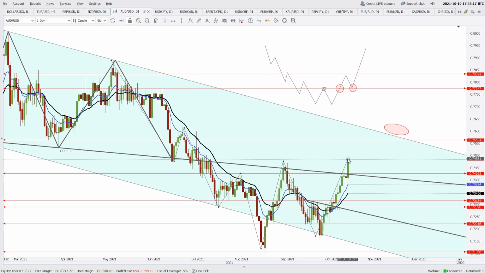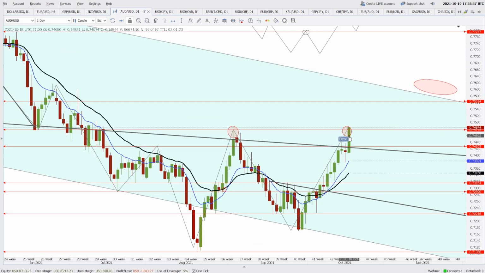Okay, you see here, now this was the reaction high. This ellipse I am trying to keep it here, and this one I will put it here. Why I will put it here? Because when I make a horizontal level here, you will see that I have put it here.